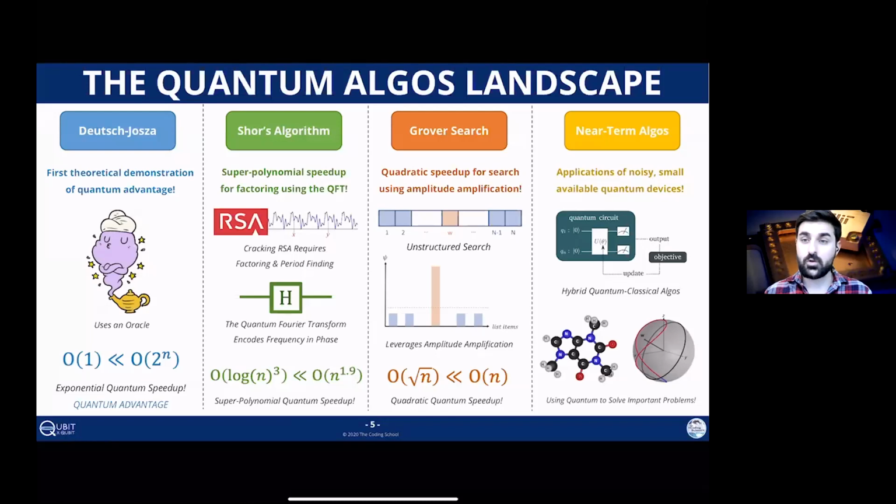But then we get to Shor's algorithm, which is a really impressive quantum speedup, or signature quantum advantage. It offers a super-polynomial speedup for factoring using something called the quantum Fourier transform that we briefly discussed in the previous lecture. And the significance of Shor's algorithm is that factoring is perceived to be a hard problem classically, although not proven.